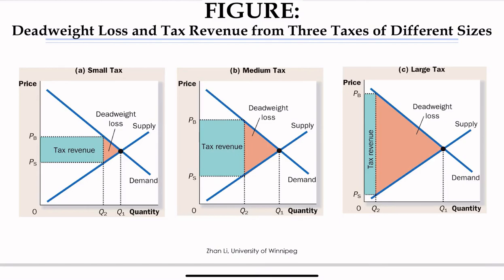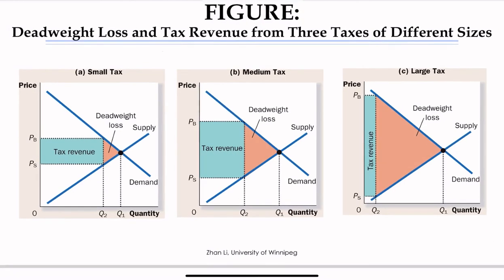How do you explain this? It's actually very easy to understand. So what is tax revenue? Tax revenue equals the size of the tax times quantity, right? Now, you can see this. If tax is very small, right? If T is small, then tax revenue will be quite small.